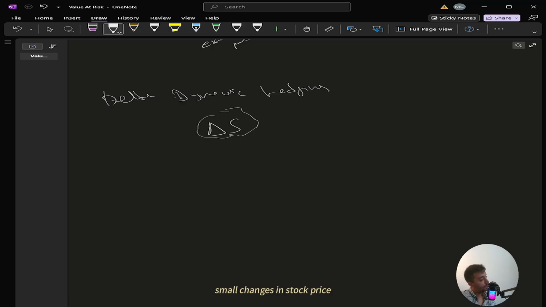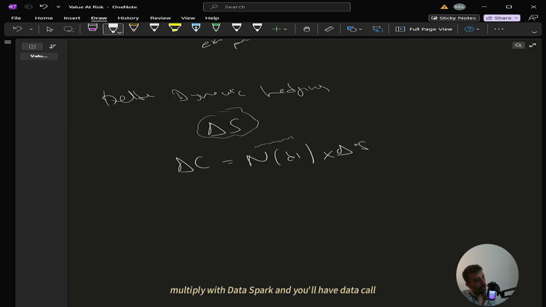Call delta is N(d1) times delta spot. We have the normal cumulative distribution formula, and this is the probability. You multiply it with delta spot and you have delta call.